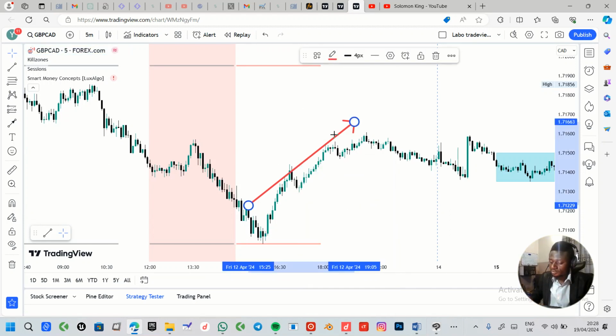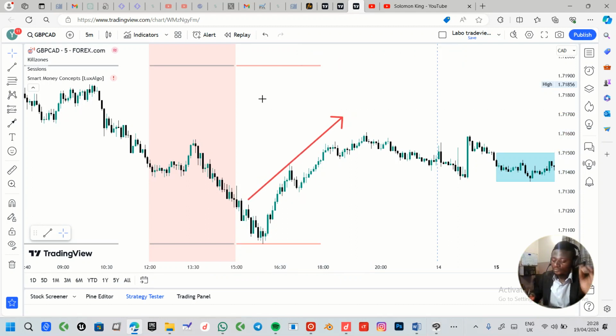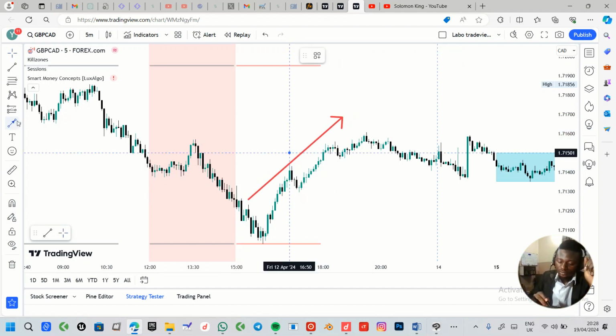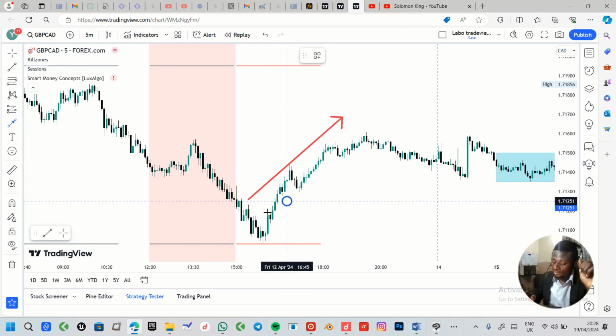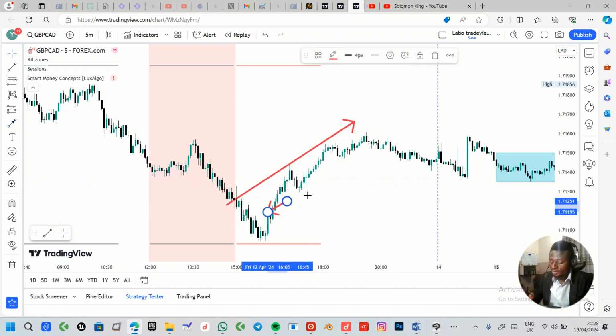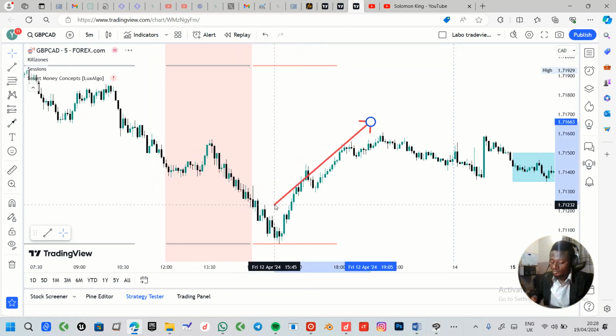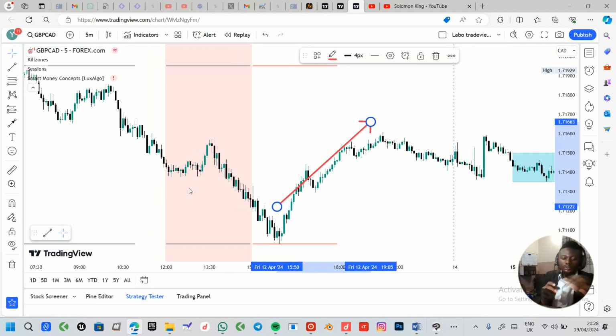It's going up. Can you see? So when you put your arrow from here to here, you discover that the price came here all the way, went back, okay, so see that.